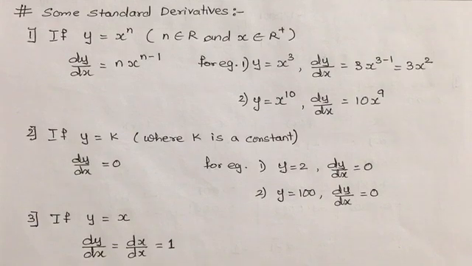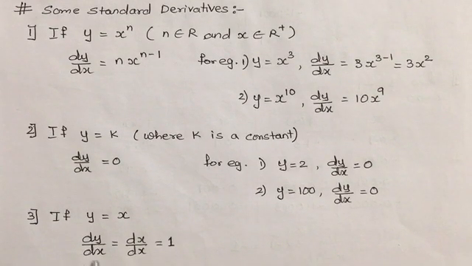Now the third standard derivative is, if y is equal to x, then dy by dx we consider to be dx upon dx, and the answer is 1. If we take the derivative of x only, without any degree, the degree will be 1.